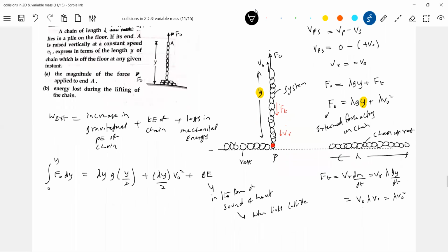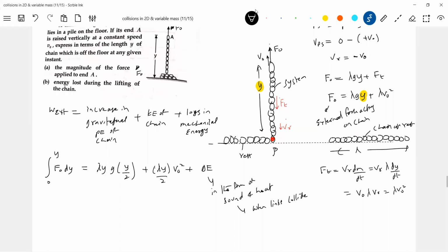So now this we will integrate here. F naught is what? Lambda g y. So this will be lambda y v naught square by 2. This is what? Loss in mechanical energy.